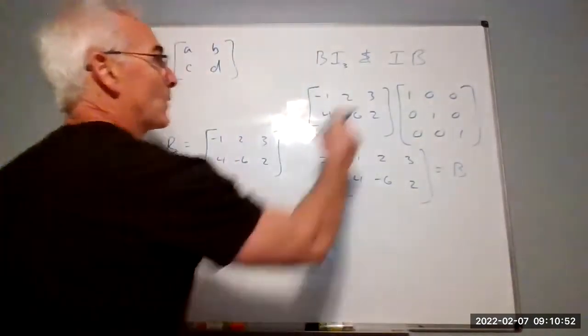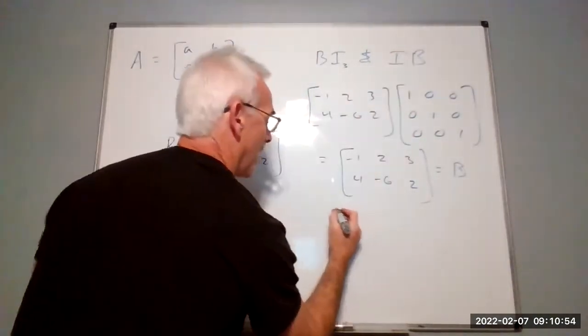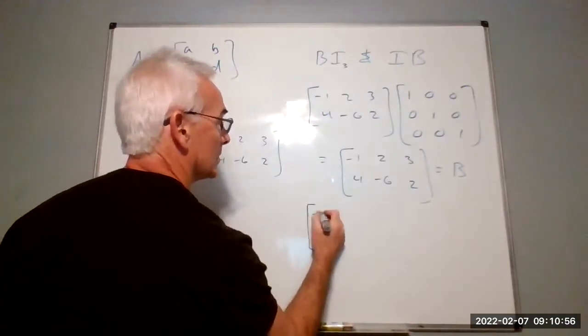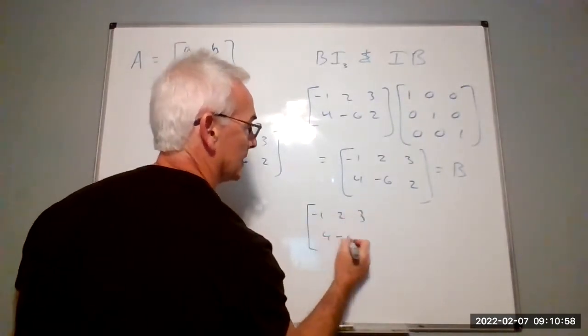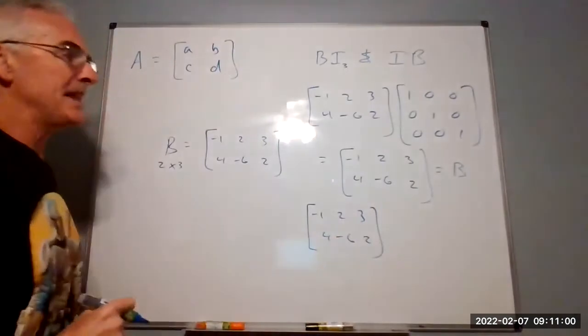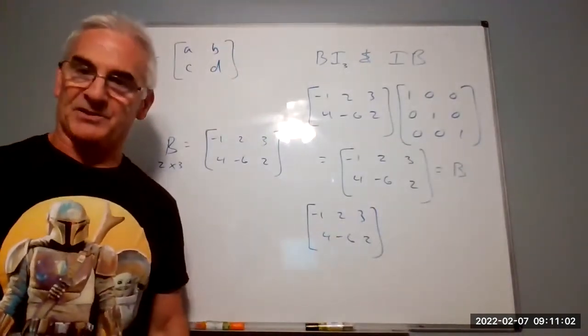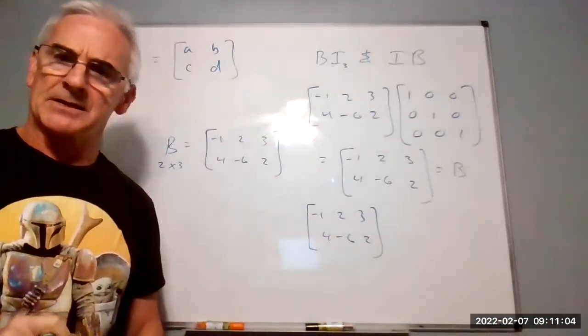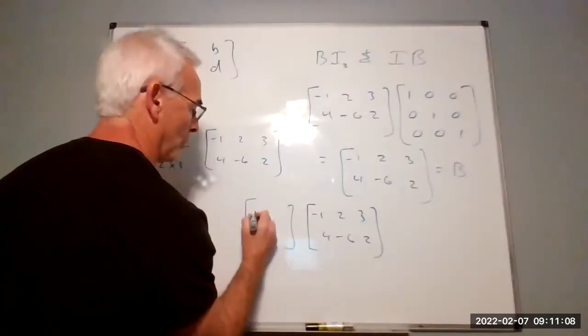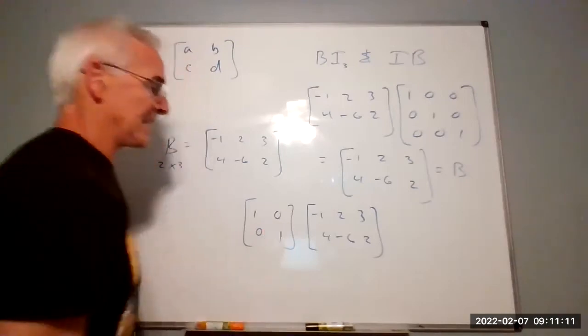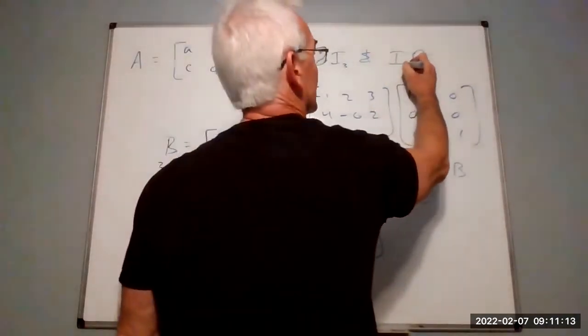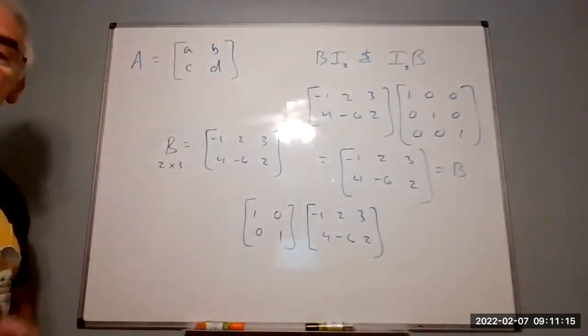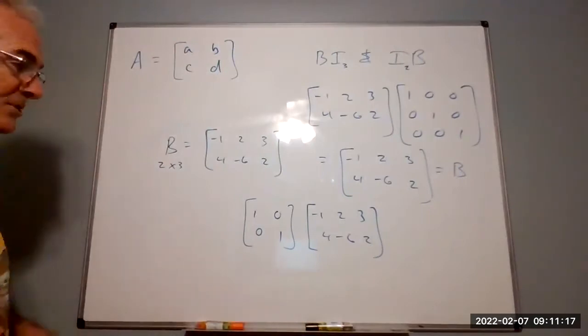Now I want to do this multiplication, the identity times B. Now what's the shape of my identity matrix that I have to use? Is it 3x3? 2x2. It's got to be 2x2, for the same reasons before: the rows and columns have to be compatible. So this I is clearly going to be I2. I didn't tell you that. We discovered that by doing it.